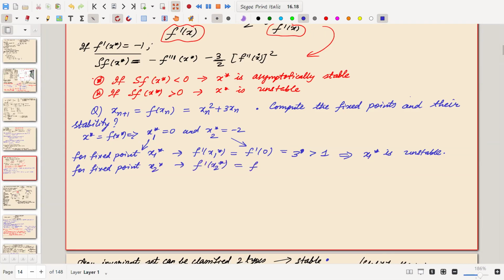That is f prime at -2, which is -1. So what can help here? The Schwarzian derivative, SF of x star.